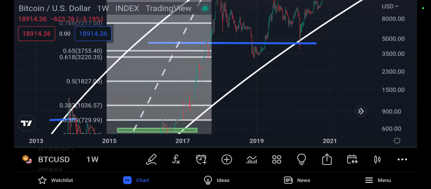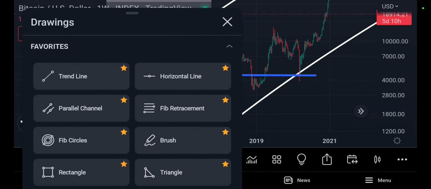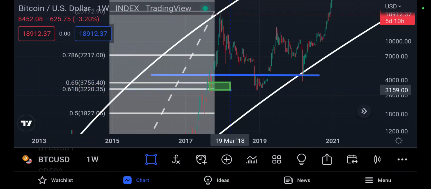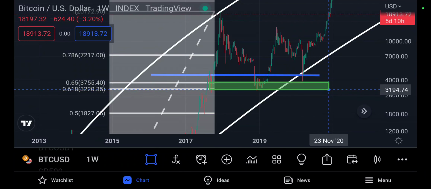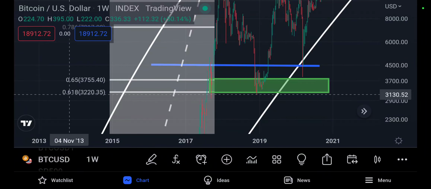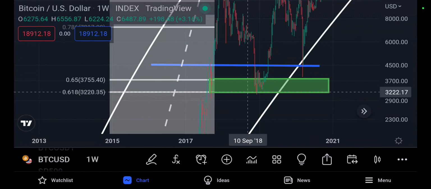And look at that. Lo and behold, the 0.618 Fibonacci is sitting right near that 1.618 Fibonacci. And also, the 0.618 Fib is right where we bottomed out at the last cycle in 2019, $3,220.